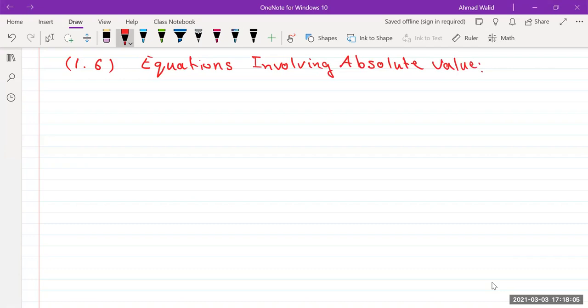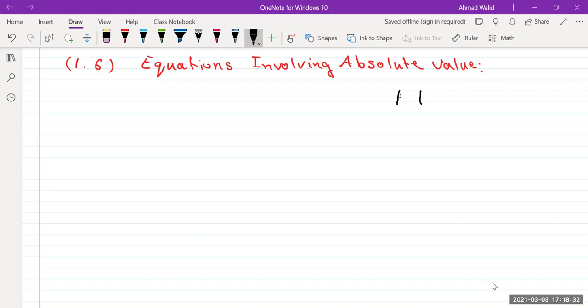The name looks really kind of complicated, but solving these equations is really easy as long as we know the main idea about absolute value, correct? What absolute value means. The symbol for absolute value is two vertical lines like this, and we put our number inside.